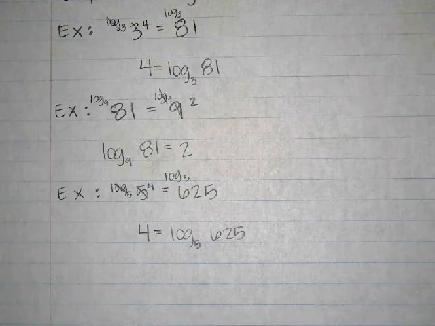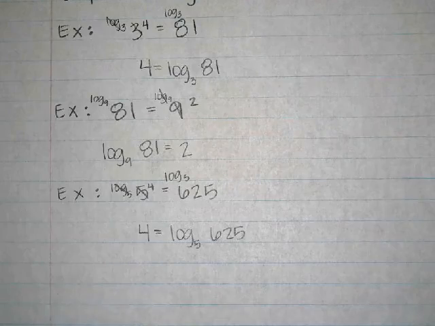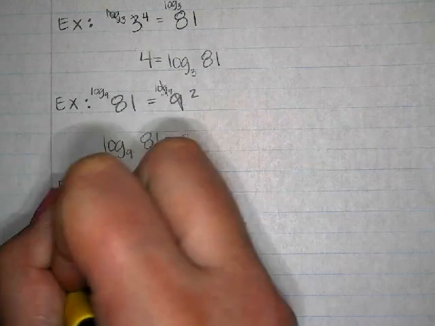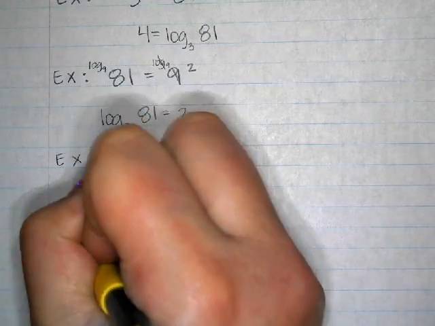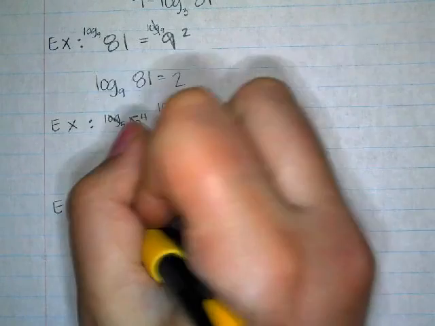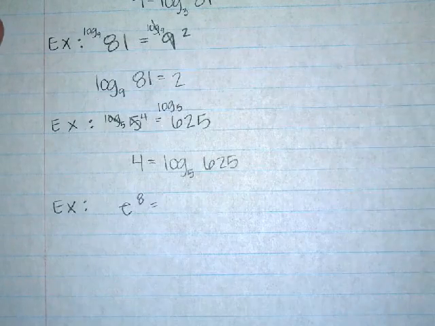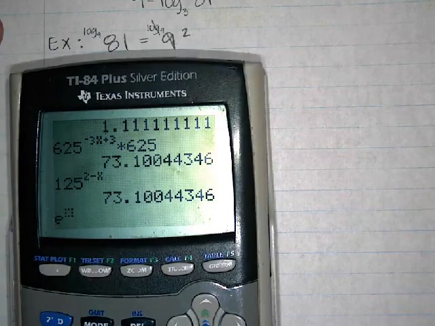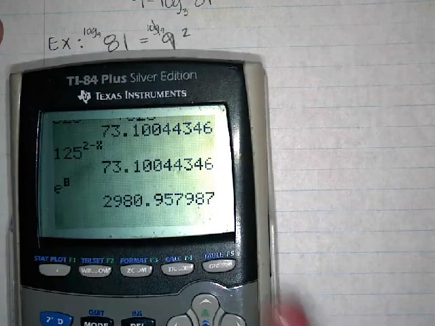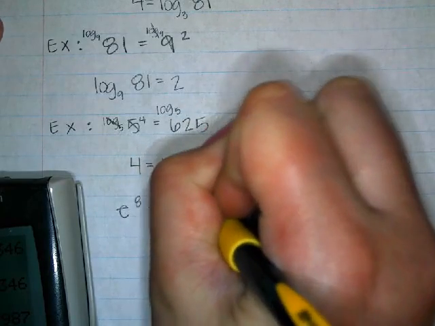All right, let's try a funky one. I'm going to have to use my calculator real quick for this one. I'm going to say e to the 8th, and then I'm going to use my calculator to see what decimal that equals. e to the 8th equals 2980.958. Okay, that crazy decimal.